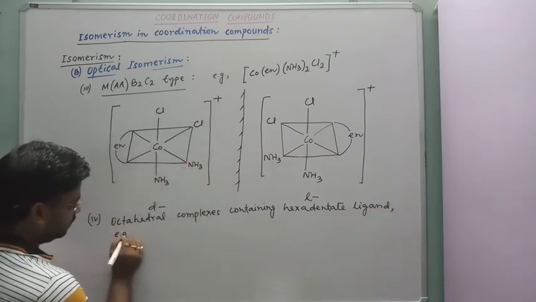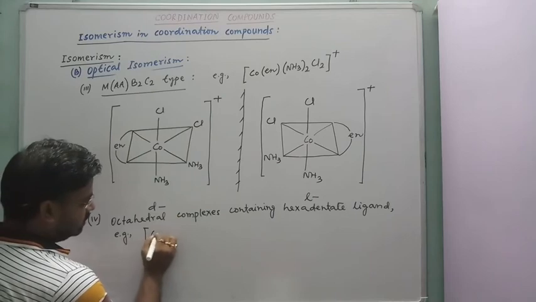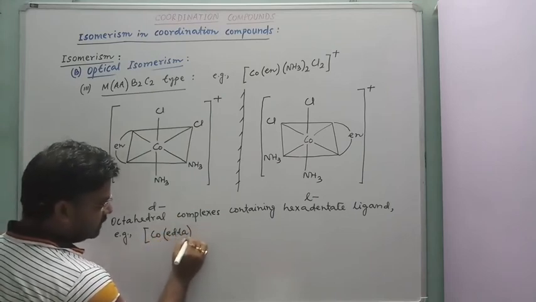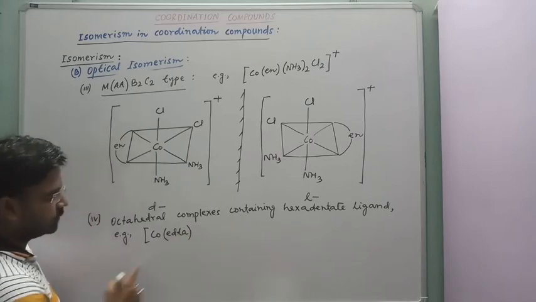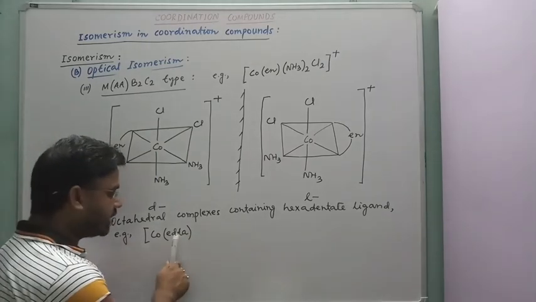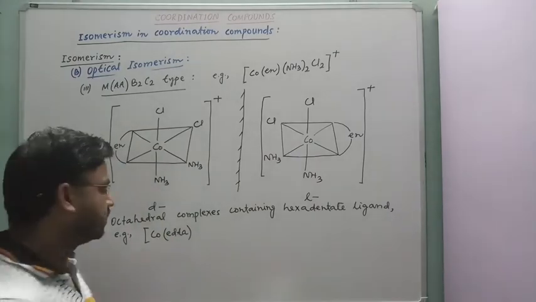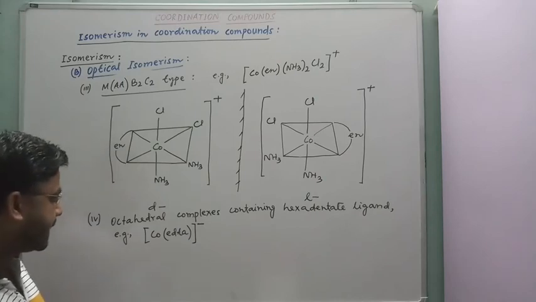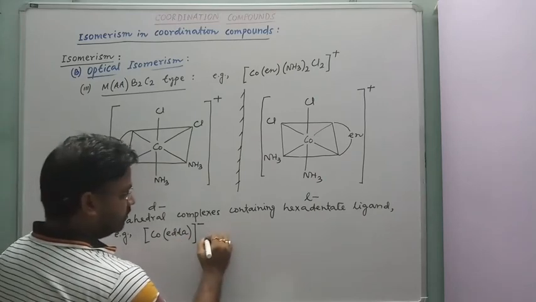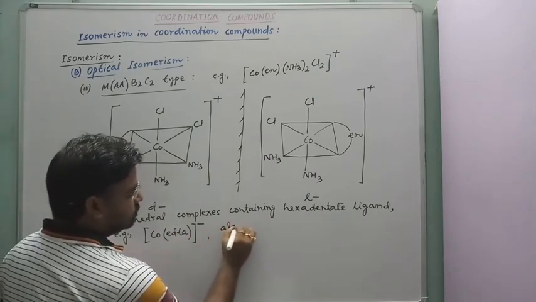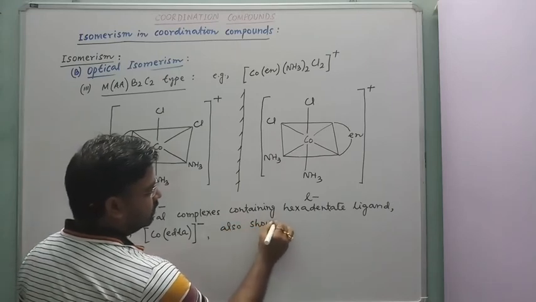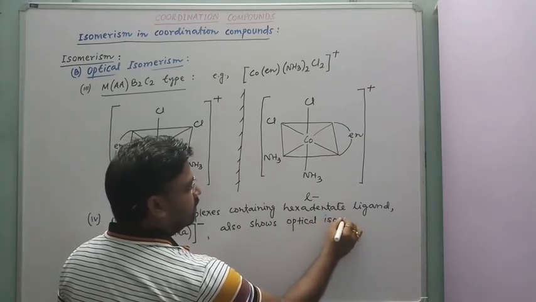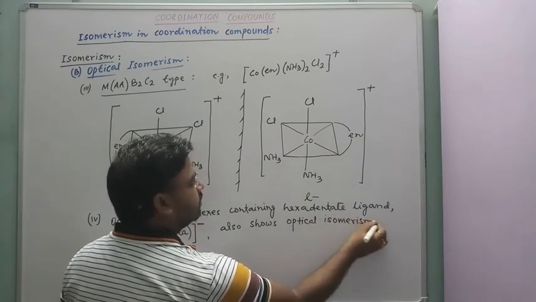For example, Co(EDTA), ethylene diamine tetraacetate ion, negative, also shows optical isomerism.